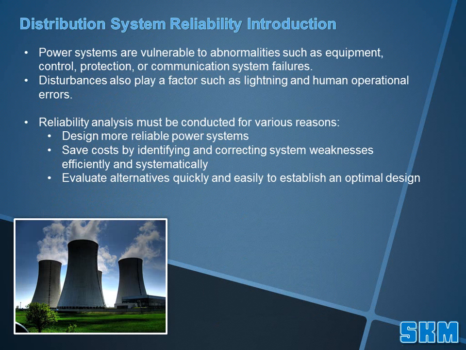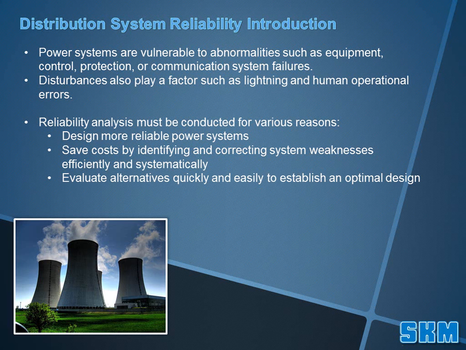Power systems are vulnerable to subsystem failures for a variety of reasons. Disturbances such as lightning and switching surges also play a factor. Systems range from large utilities on grids as well as industrial, commercial, and institutional facilities.